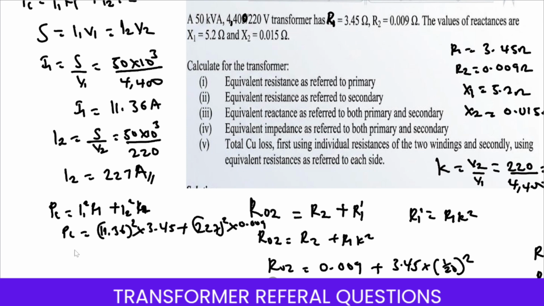So the copper loss will now be equal to 910 watts, or its approximate value.